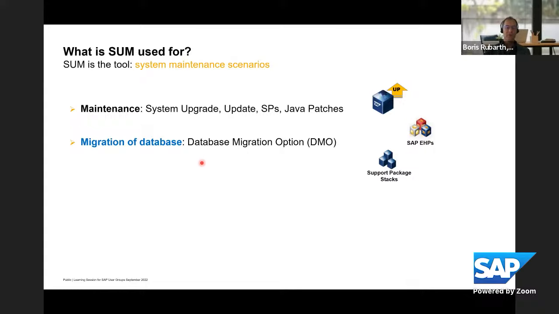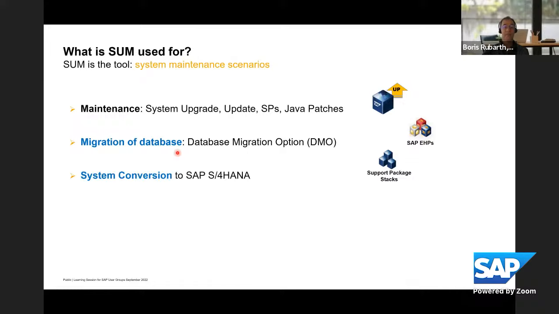Please note that this term migration of database is listed in blue, and the reason is that this database migration is only offered for ABAP-based systems. So for ABAP-based systems, the tool can migrate, for example, an ERP system from running on MaxDB to SAP HANA database. That's what we call DMO. That's an option of the tool.